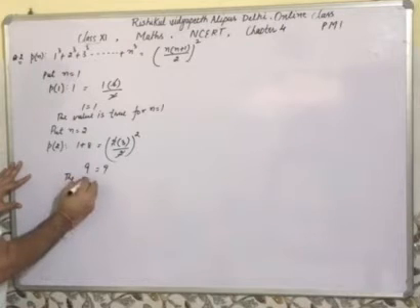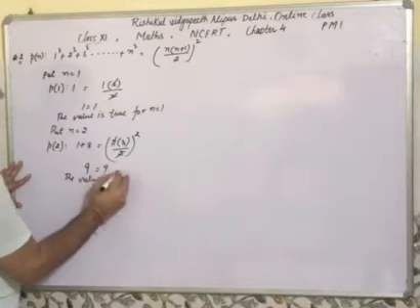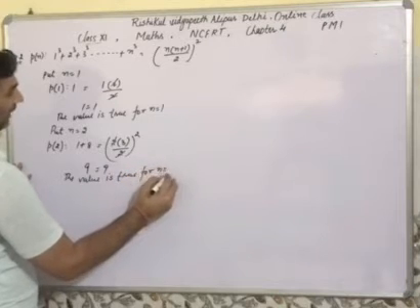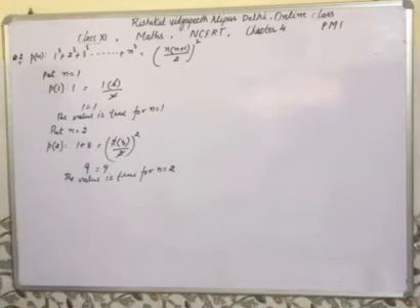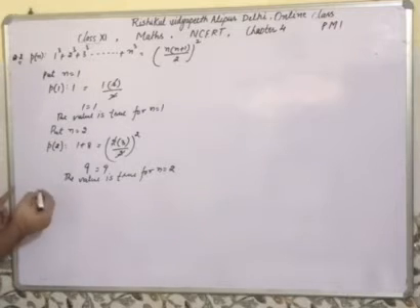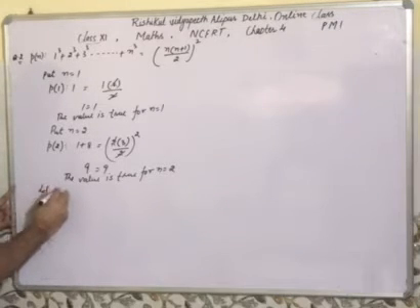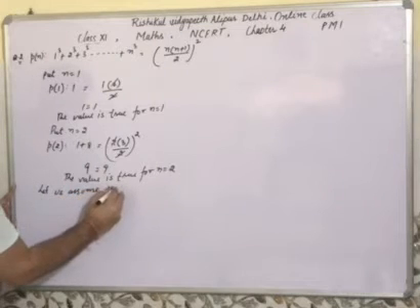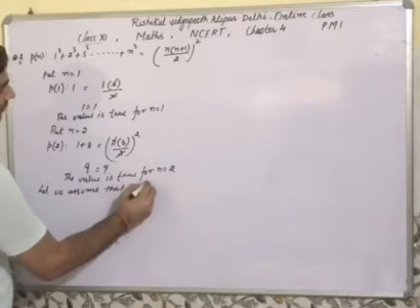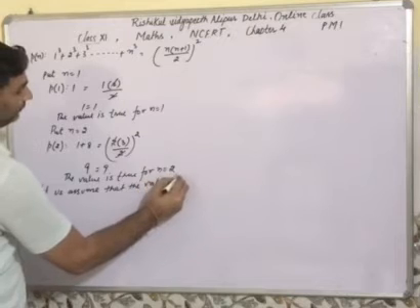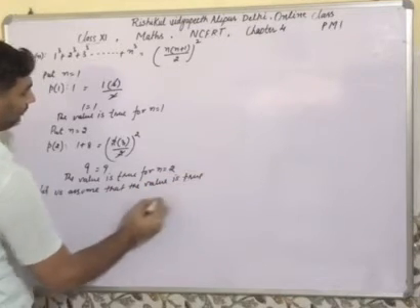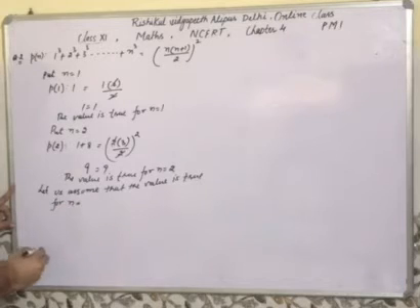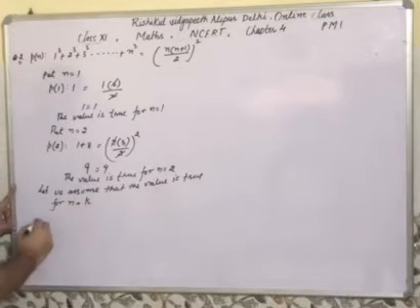The value is true for n is equal to 2. Then let us assume that the value is true for n is equal to k.